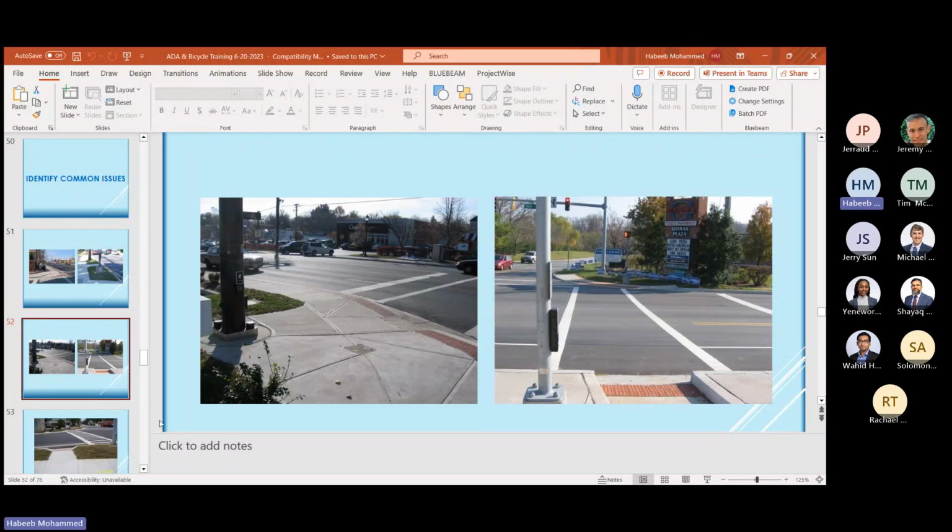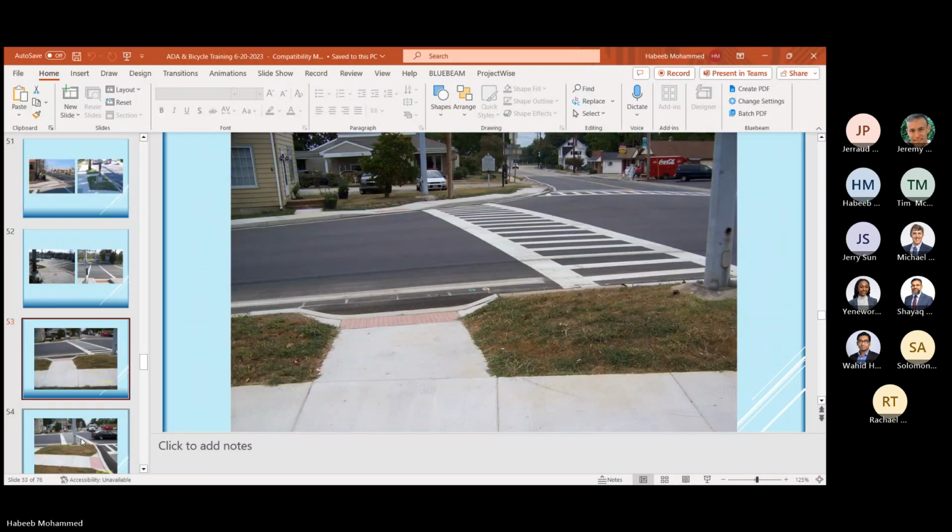Okay, let's go to the next one. Okay, let's see who else is here. Okay, Jeremy, it's your turn, Chief. Go ahead. Let's see what is the issue here. This is the perfect design.